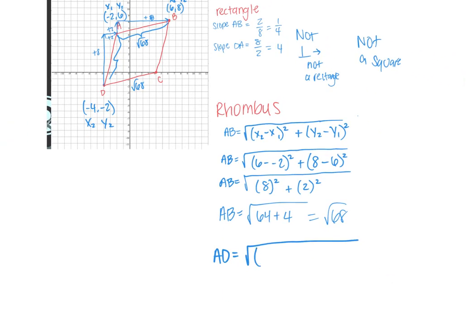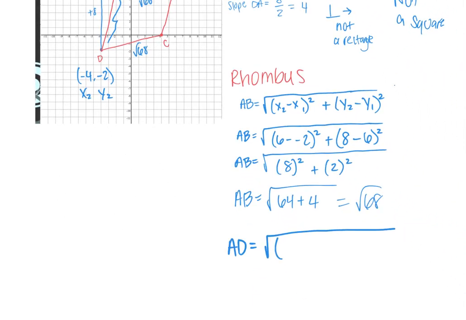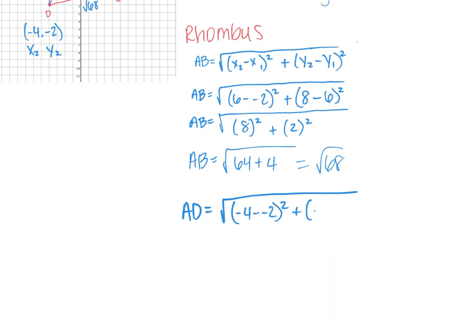We're going to do x2 minus x1, so it's going to be -4 minus -2, squared, plus -2 minus 6, squared. So we've got AD equals the square root of, what's -4 minus -2? -2 squared plus, what's -2 minus 6? -8 squared.